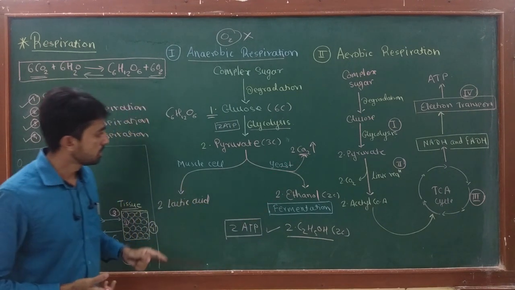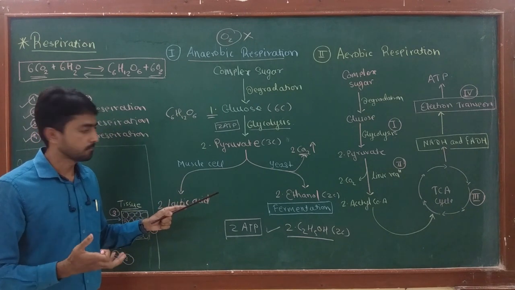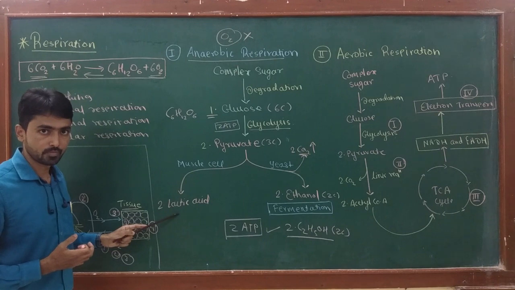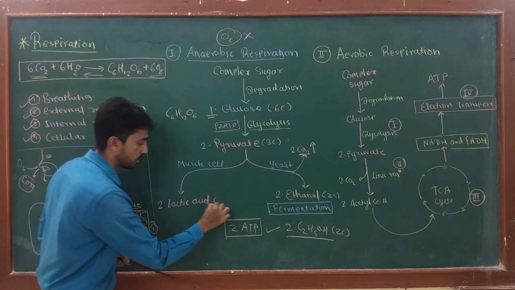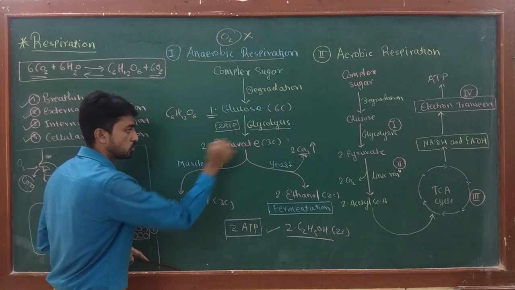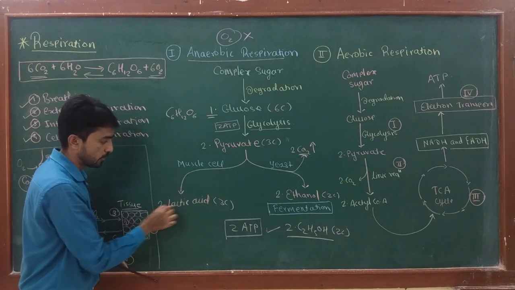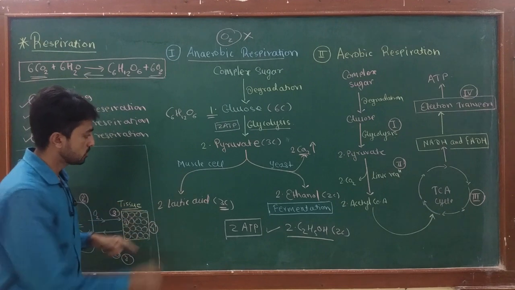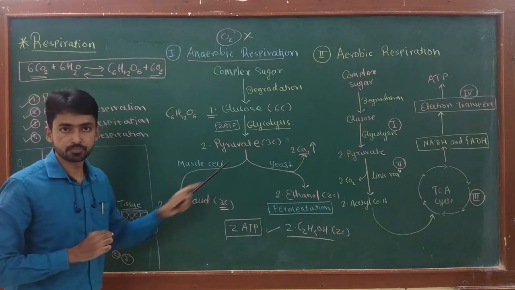Now the second fate of the pyruvate is that it can convert into lactic acid. Lactic acid is a 3 carbon compound. So 2 molecules of pyruvate convert into 2 molecules of lactic acid having 3 carbon, and in this process no carbon dioxide is released.